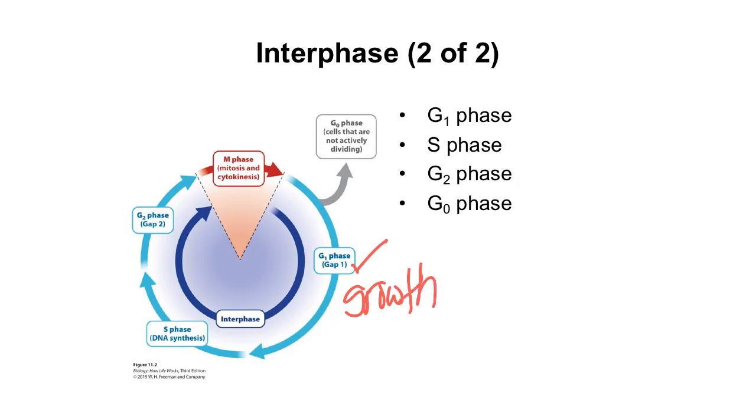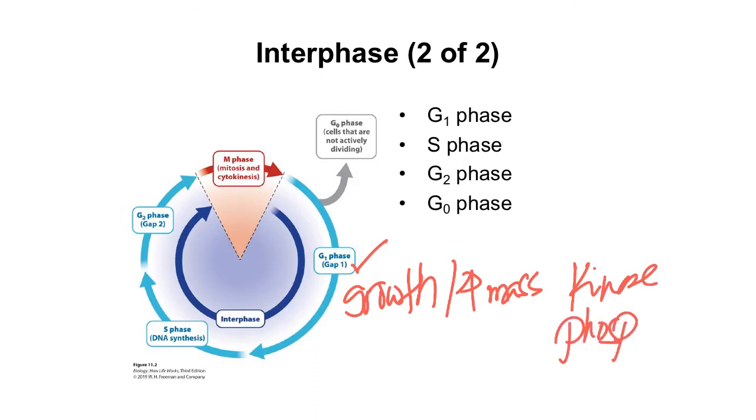So the cell content, there's an increase in mass. Again, as I said, organelles are being synthesized here. And moreover, many regulatory proteins are also made in this stage and activated, like kinases and phosphatases, which we already encountered in chapter 5 on cell signaling.